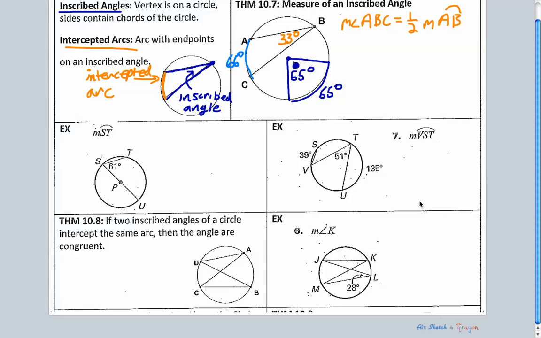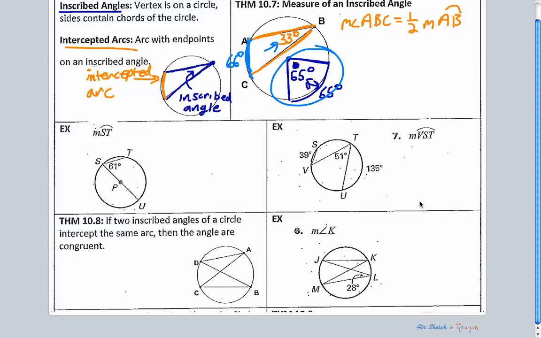From the center, the central angle and its arc are the same. Over here, we have an inscribed angle from one side to the other, and this arc out here in blue is twice the angle on the inside. So that's just to show you there's a difference between an inscribed angle and a central angle.